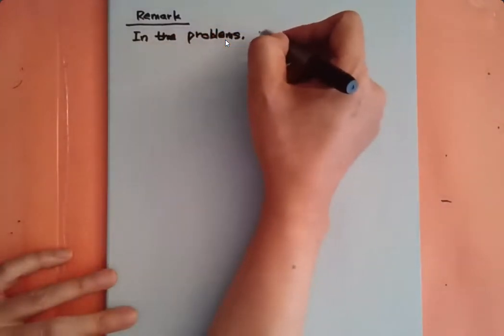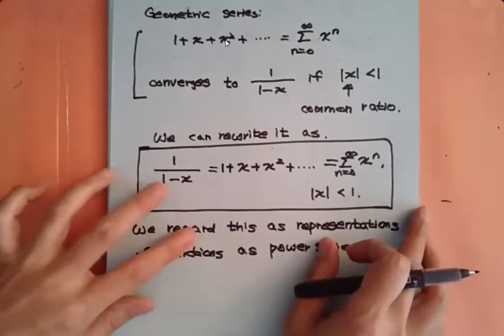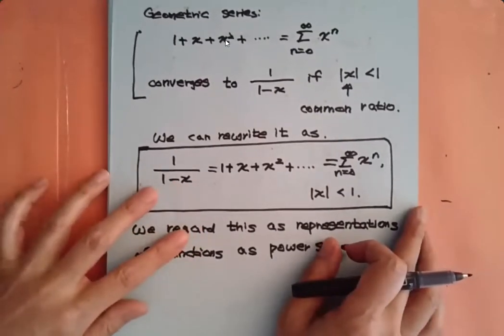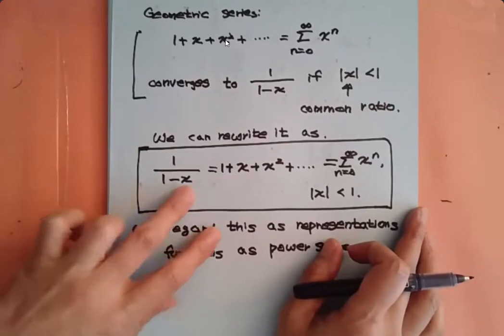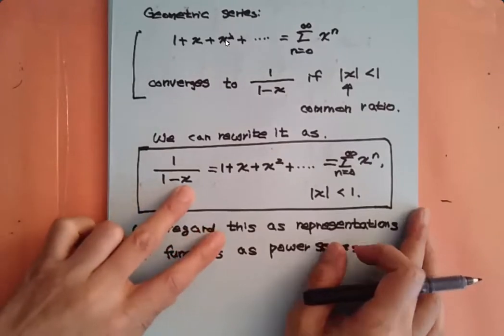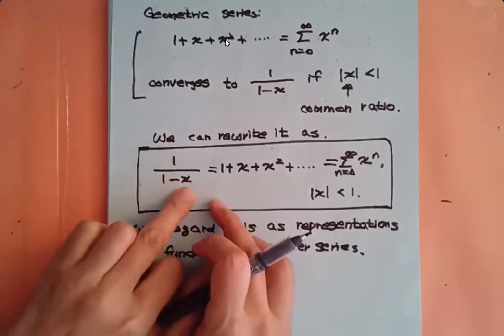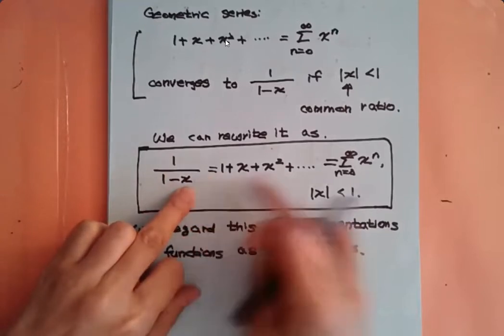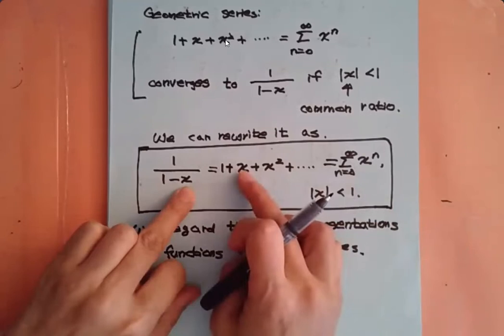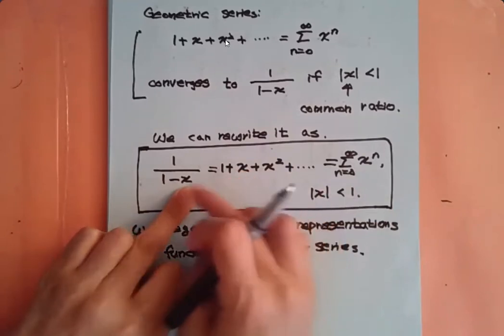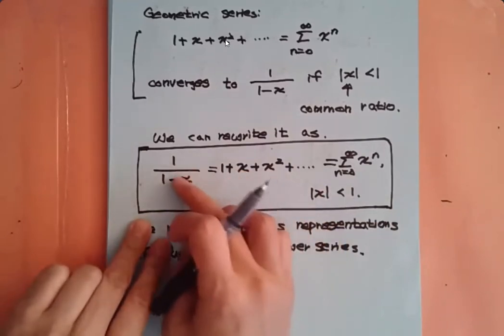In the problems, this pattern can appear differently. Instead of x, we may have 1 over 1 minus x squared and so on. When we think about the power series, x will be replaced by the format written here.